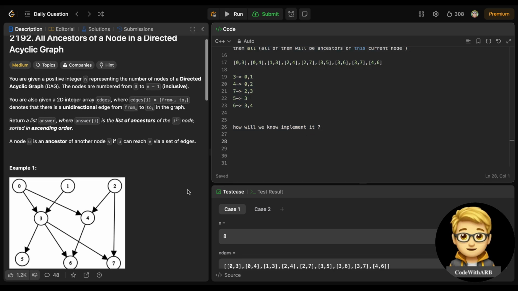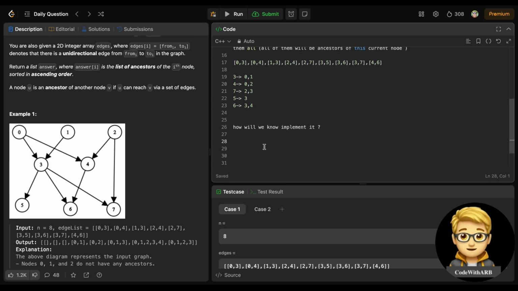So if you see here one thing: where will we start finding the parent node? The 0 has no parent, 1 has no parent, 2 has no parent.